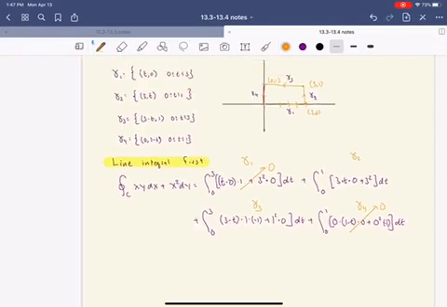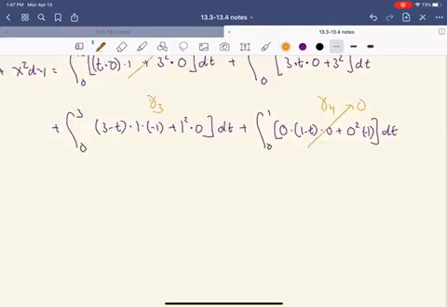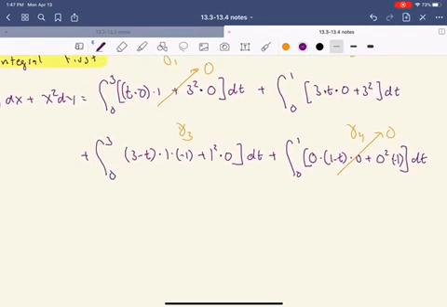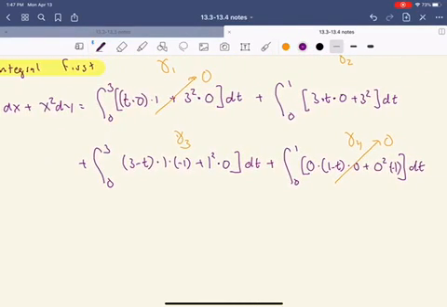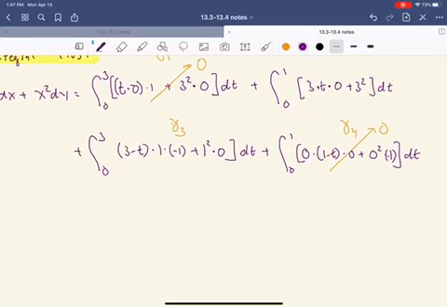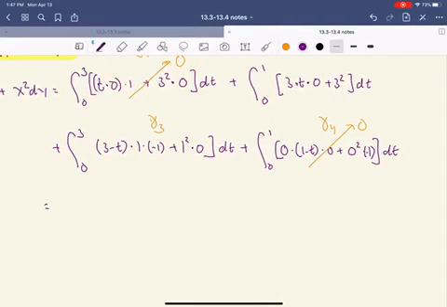So doing this, we're going to get the integral from 0 to 1 of 9 dt, plus the integral from 0 to 3 of t minus 3 dt.